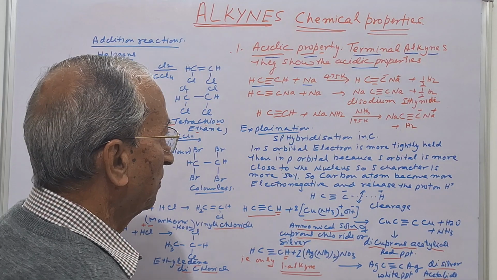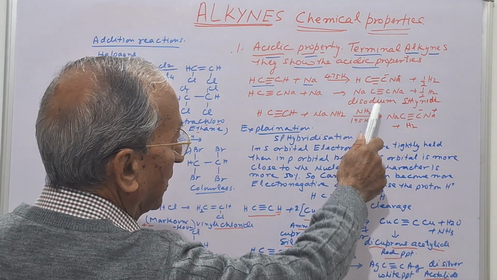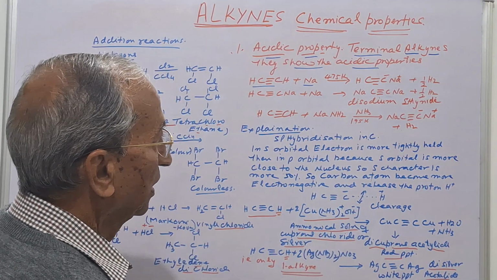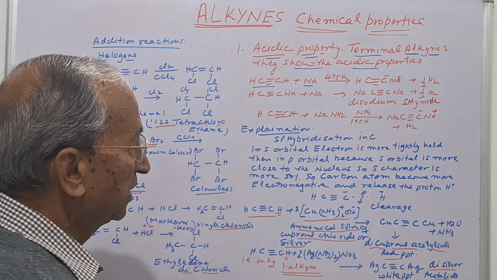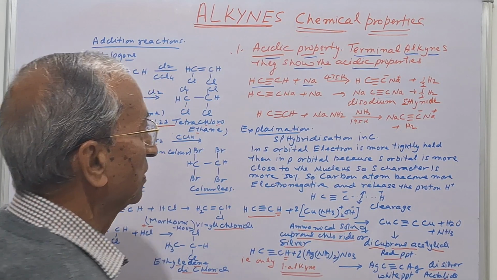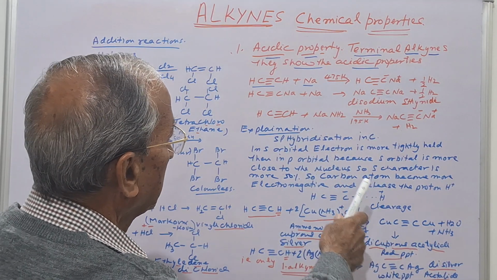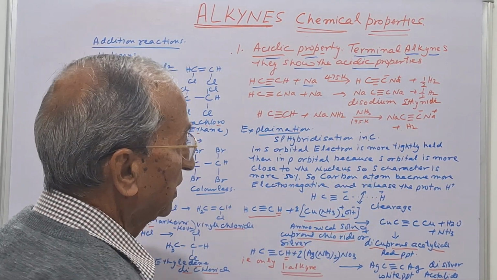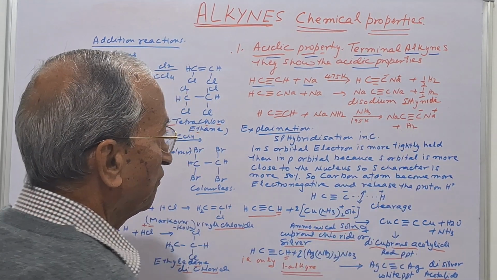And if we take ethyne with sodamide in the presence of ammonia at about 195 K, it forms disodium acetylide and hydrogen gas. These are simple reactions where ethyne shows the acidic character, that is hydrogen gas is formed and salts are formed.